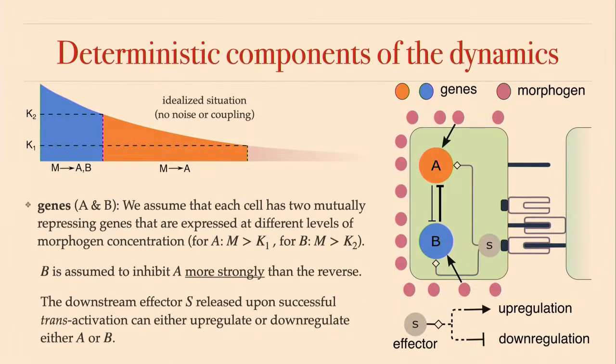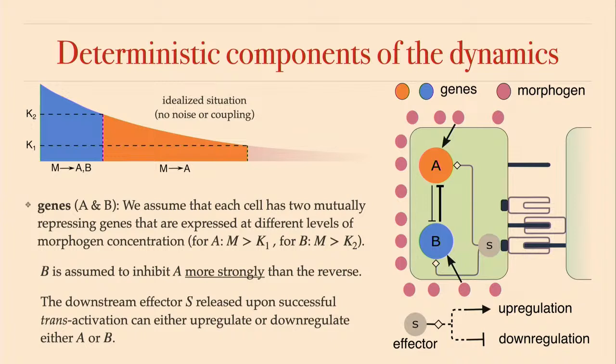Okay, right, and then finally, over here, we assume that the morphogen is upregulating A and B at different thresholds. We say it upregulates A at some threshold K1 and B at some threshold K2, and we're saying that K2 is more than K1.